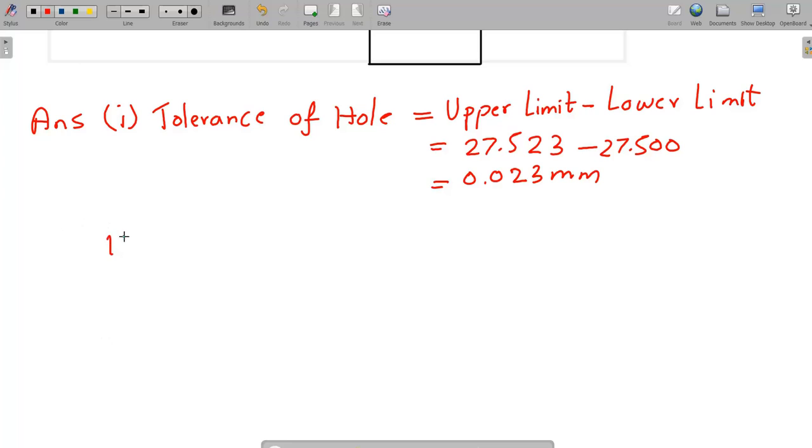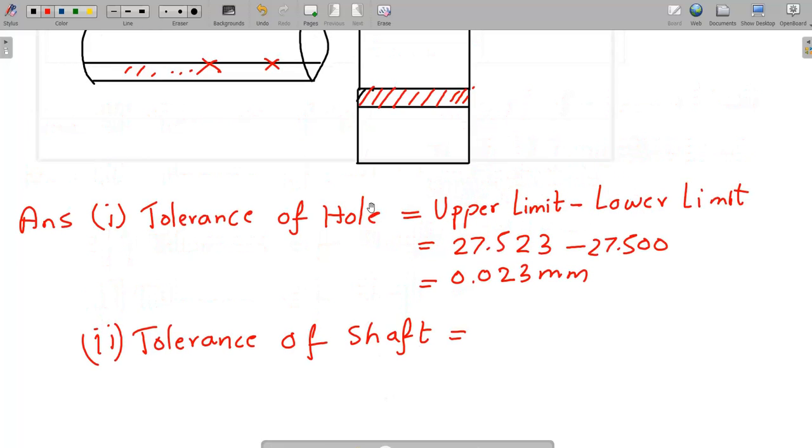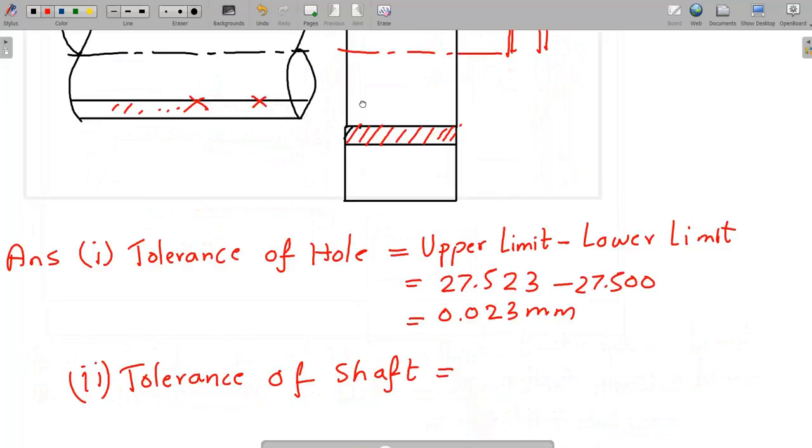Now the next thing, the tolerance of the shaft. It will always be the same: upper limit minus lower limit.